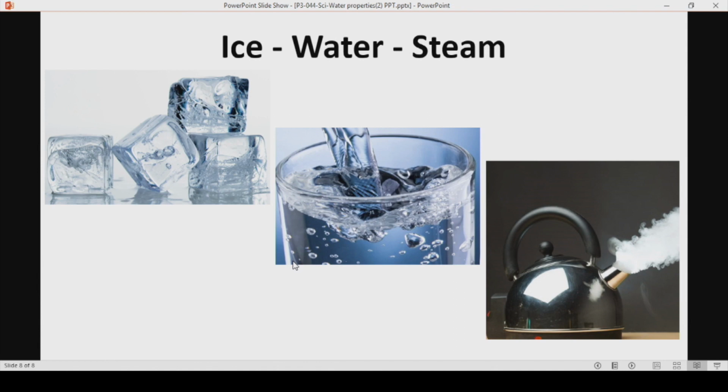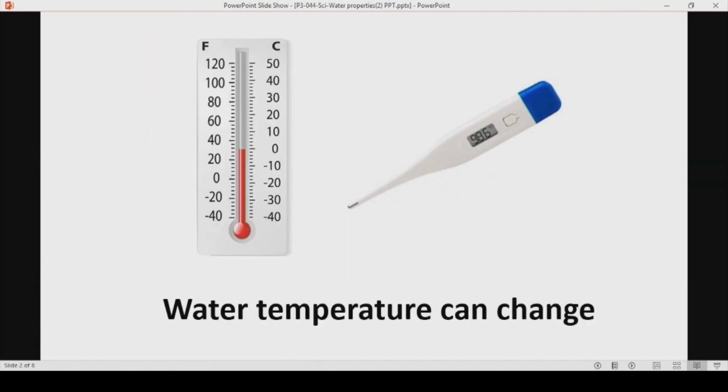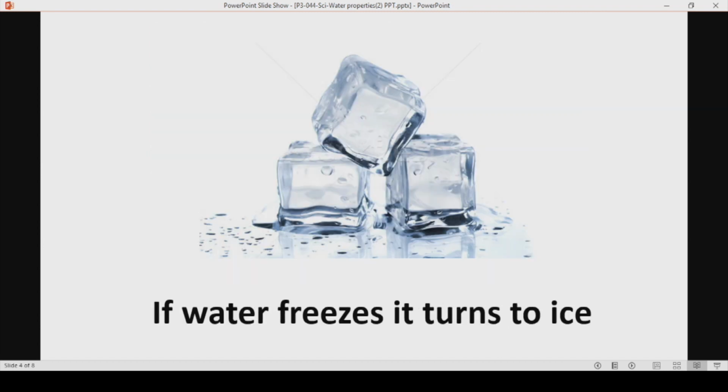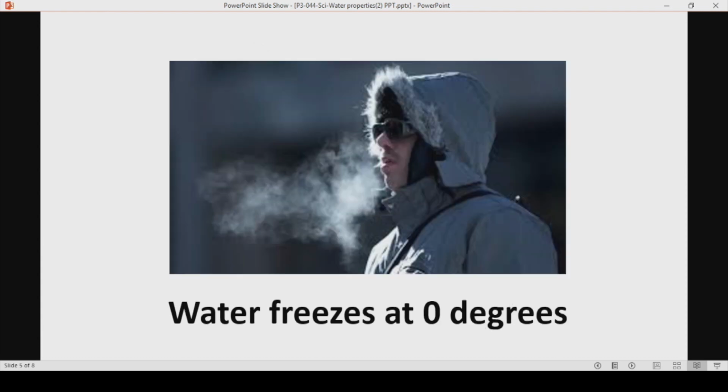Okay. So one more time, let's go through it. Water temperature can change. Normally, water is a liquid. If water freezes, it turns to ice. Water freezes at 0 degrees.